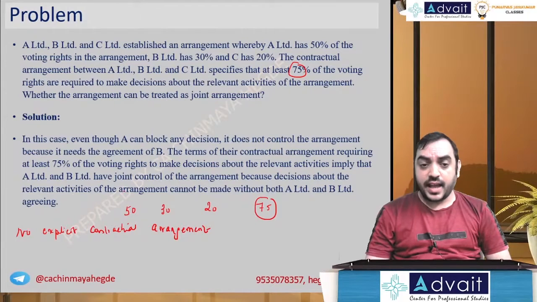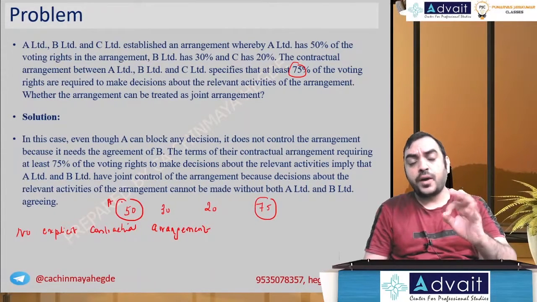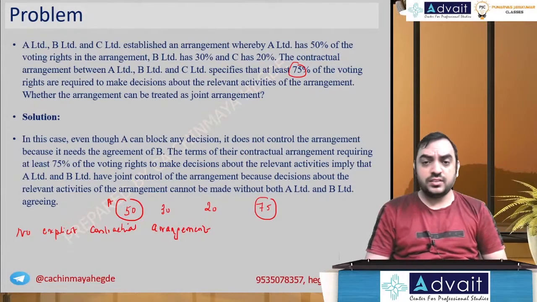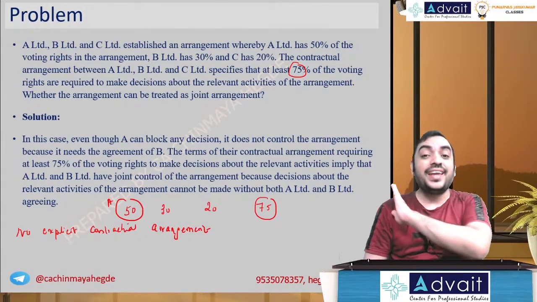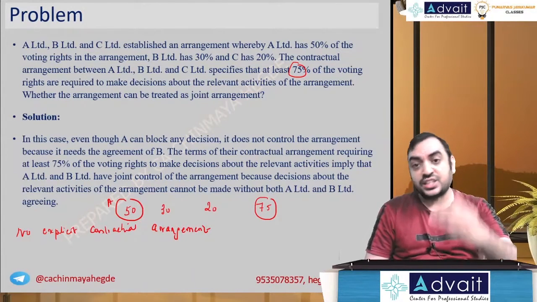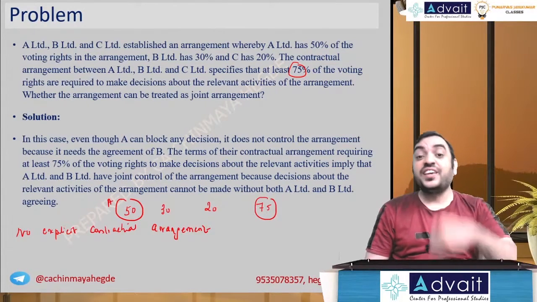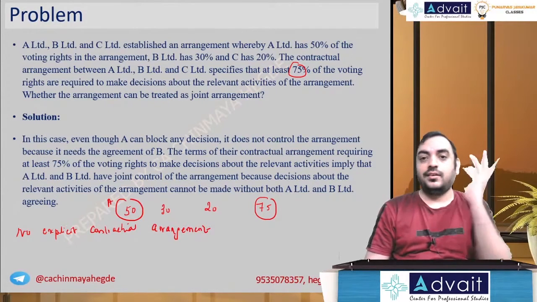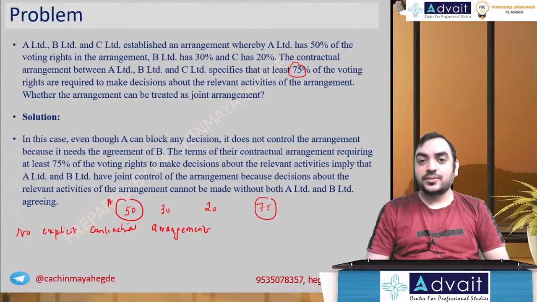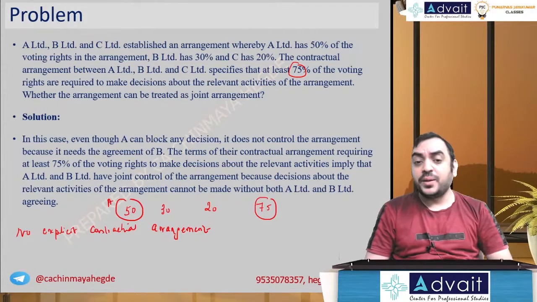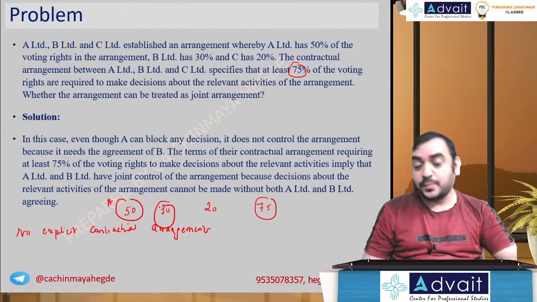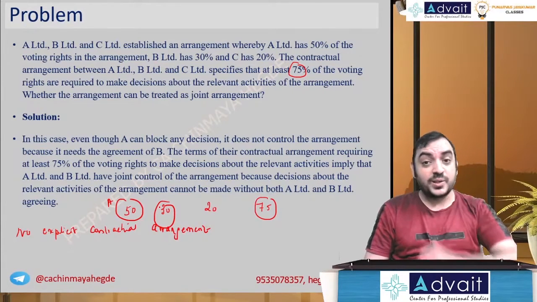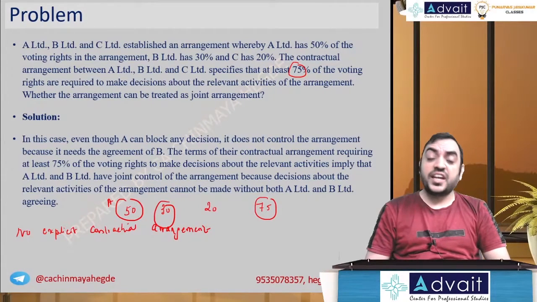A Limited, having 50%, can definitely stop the other two from making the decision, because without A's consent the decision cannot be taken. If he says no, a resolution will not be passed, and the decision cannot be implemented. Okay, now what about B? B is the same thing, my dear friends, because he has 30%, and 75 is required.